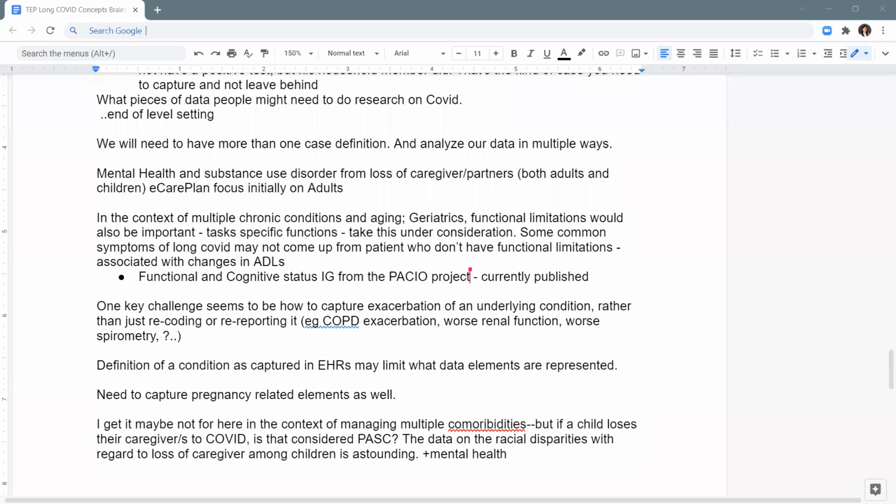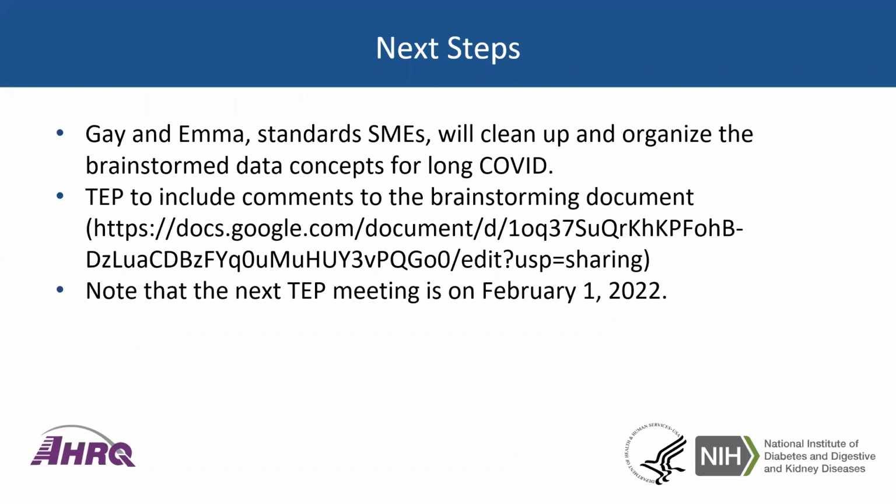We also will share a copy of this for you folks who maybe will think of something you wish you said or didn't feel like piping up on the call to add information. And at some point, I don't know that we picked a date yet, we'll stop having that document open for comment so that Emma and I can digest it and turn it into a productive digestion and information and verification session for the next step.